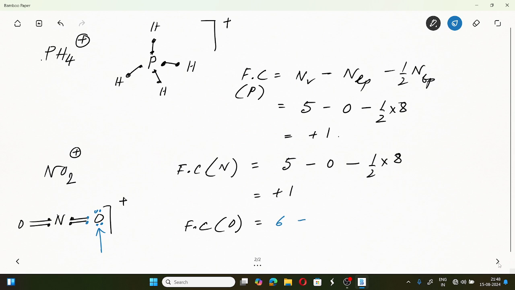There are 4 electrons in the lone pair, and for each oxygen there are 2 bonds, so 4 electrons in the bond pair. So the formal charge over oxygen is 0.